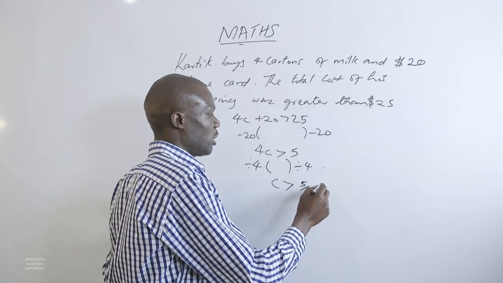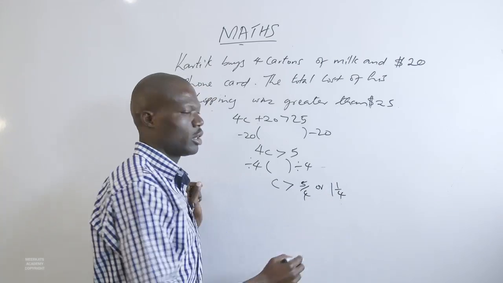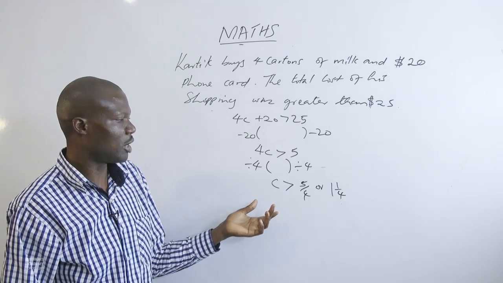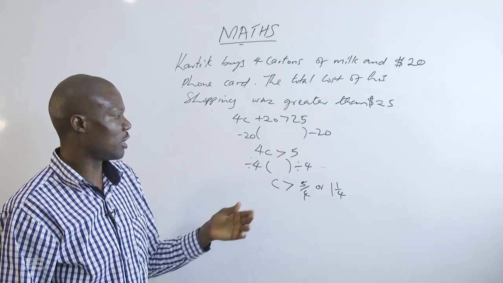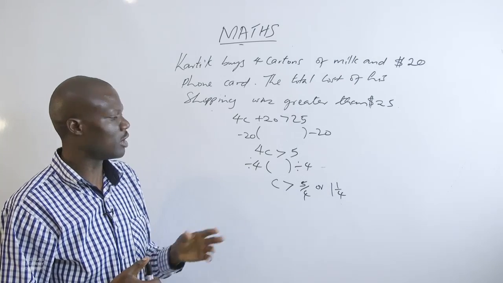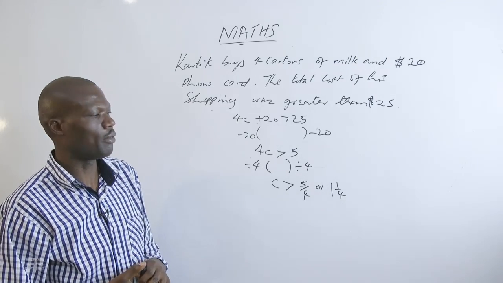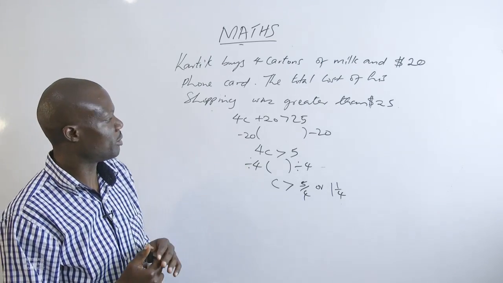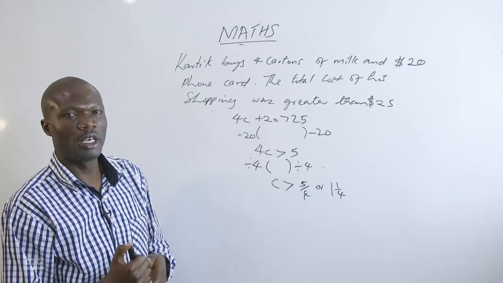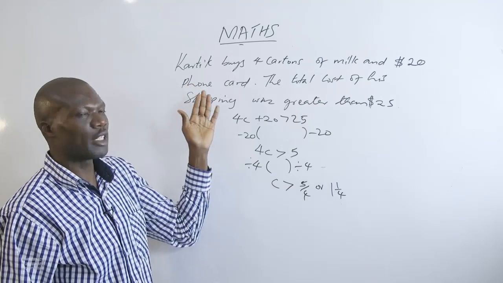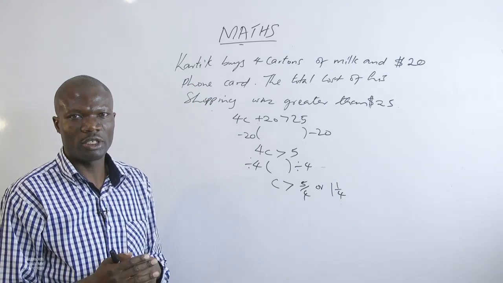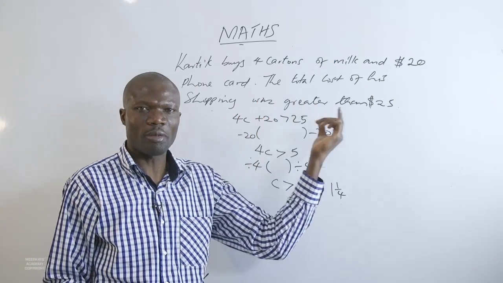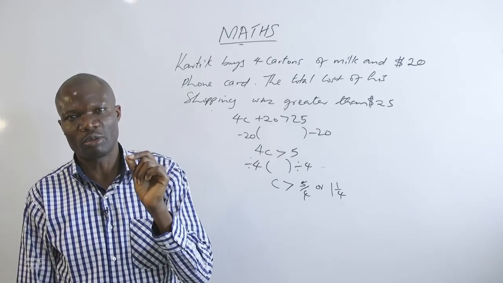which can also be written as 1¼, because remember this is the cost in dollars. So C is greater than 5 over 4 dollars. So that is how we approach this particular question when we are looking at phrases or statements or word problems where we shall first be required to describe the situation using an inequality.